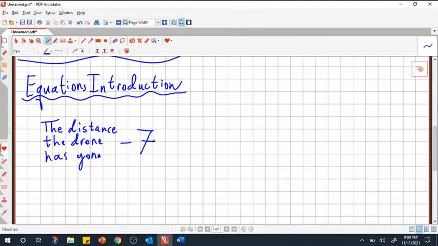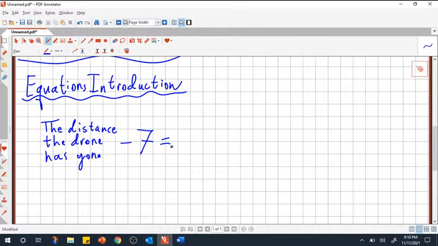Now, I find that a lot of students, when we're learning this expression stuff, feel it is empty, and a lot of us actually put a little equal sign right there, because we're begging for this to be a full sentence. It's the distance the drone has gone minus 7 is, well, how far the eagle's gone.